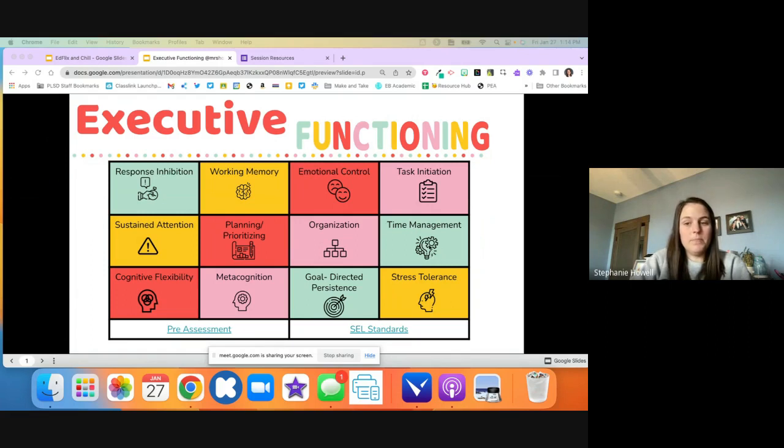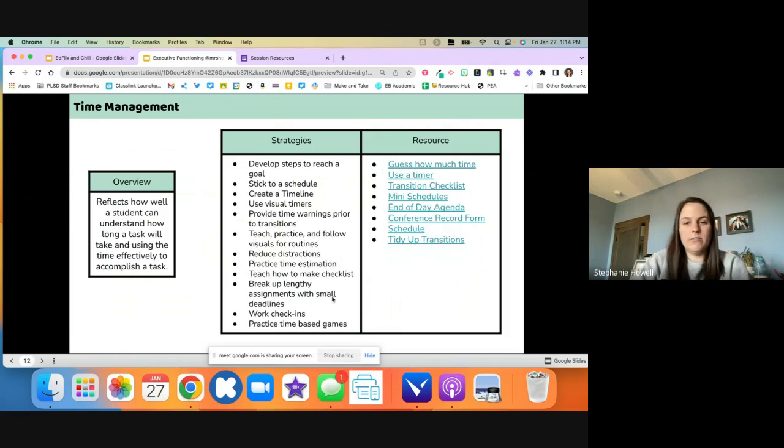On the front page of the hub, you just click the skill that was missing. Then there are different strategies, a quick overview, and different resources that could help that student, strategies that I might use in my teaching, or to give them so they can independently become stronger, because these are skills they're going to need when they leave school as well.